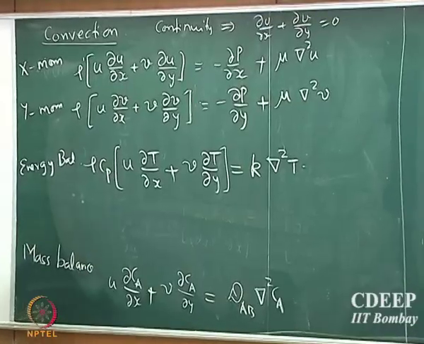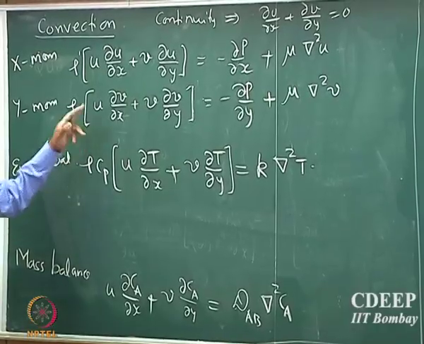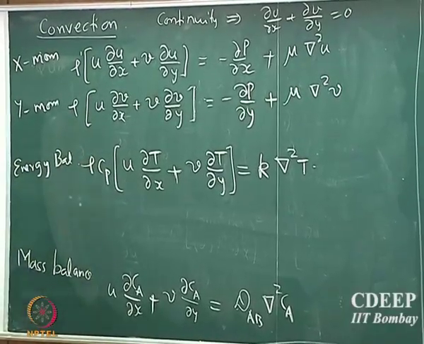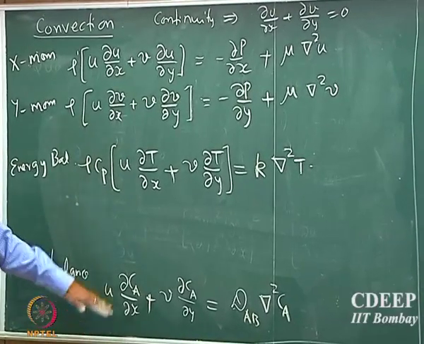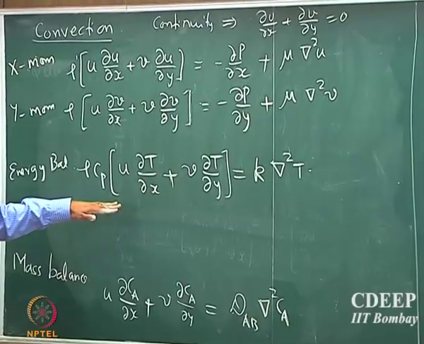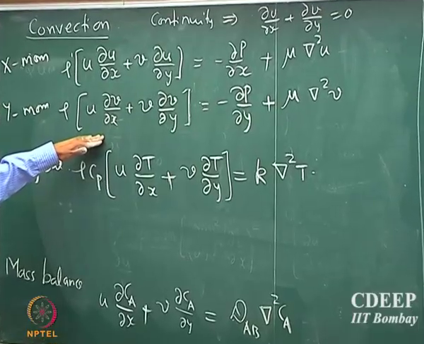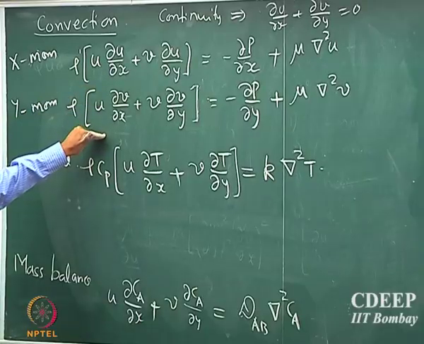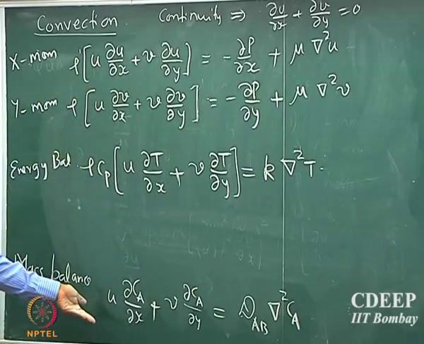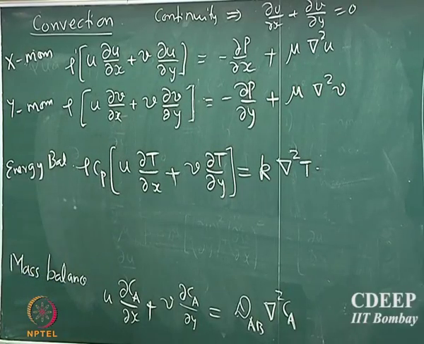Okay. So now, which equations are linear here? Mass balance is linear. Okay. What about energy balance? That's also linear. What about U? So if we know U and V, then we should be able to find T and Ca. In principle it is not linear. Okay.